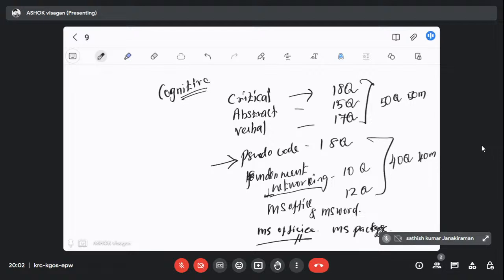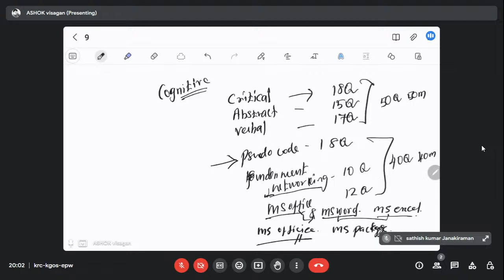What are the features, and what is the difference between MS Excel and MS Word? Sorry, in MS Office you will have MS Word, and I am also talking about MS Excel. Try to read all this information. It will be more helpful during the examination. So these are 40 questions in 40 minutes.